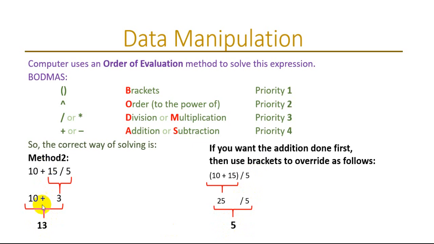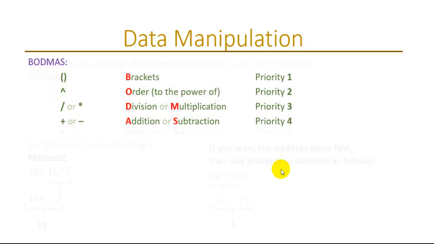If you go like this, it will be 13. If you go like this, it will be 5. Now in this case, both are correct. Here we have no brackets, so it will do the division first and then addition. Here we have brackets, so it will do the addition first and then only do the division, because the bracket has the highest priority. So whenever you want to override, this is the way to do it.